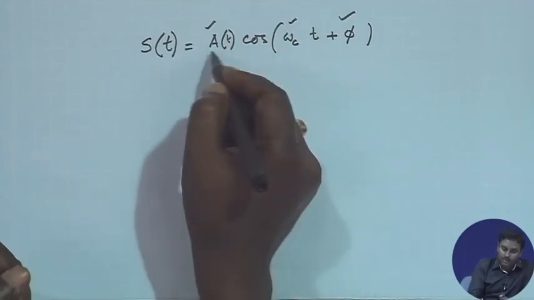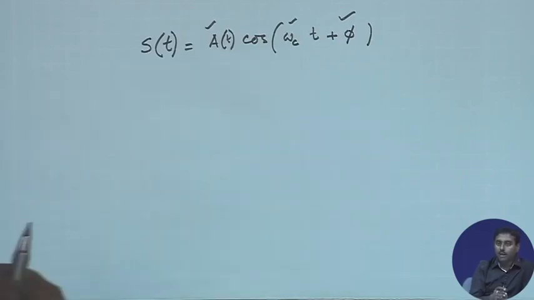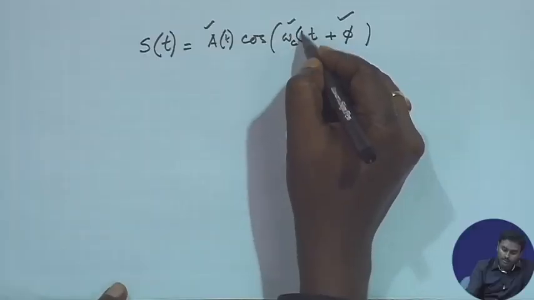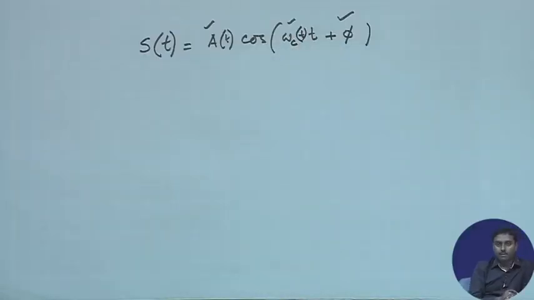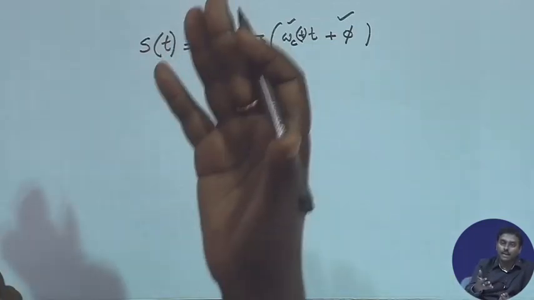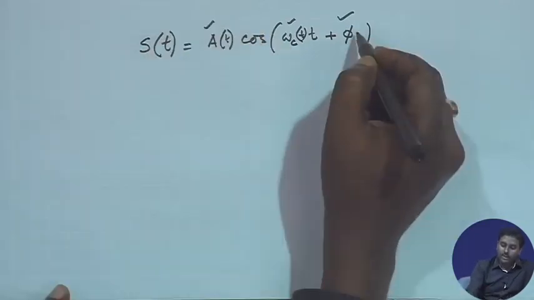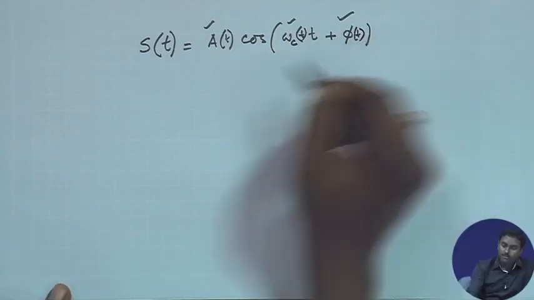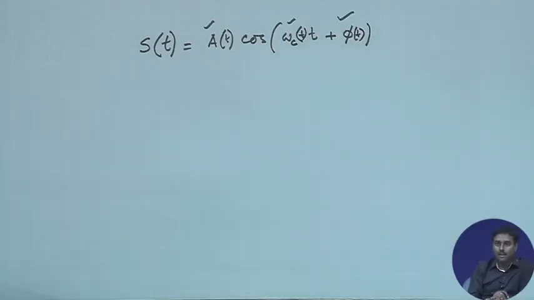That way I carry my message signal on top of this, or I can vary the frequency with respect to time, proportional to my message signal. Again, over a frequency I am carrying the signal, or I can vary the phase proportional to my message signal, and accordingly there will be different kinds of modulation.